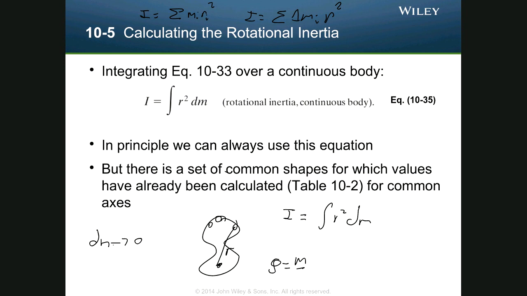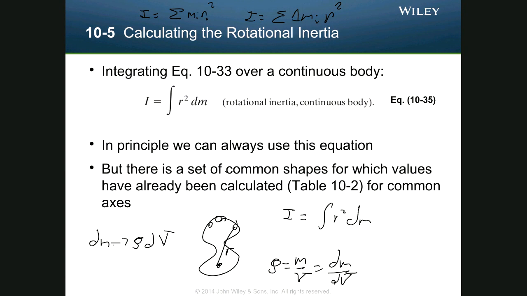And remember I told you that it's going to be much more powerful that it's equal to dm over dv, where this v is a volume integral. So we can change this to the density rho, which is constant, right, times dv. And volume integrals are spatial, and we know how to deal with those a little bit better.